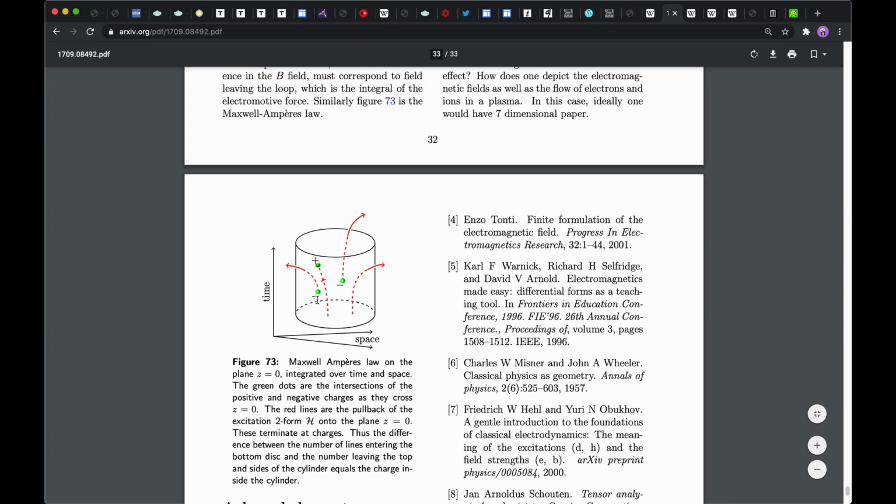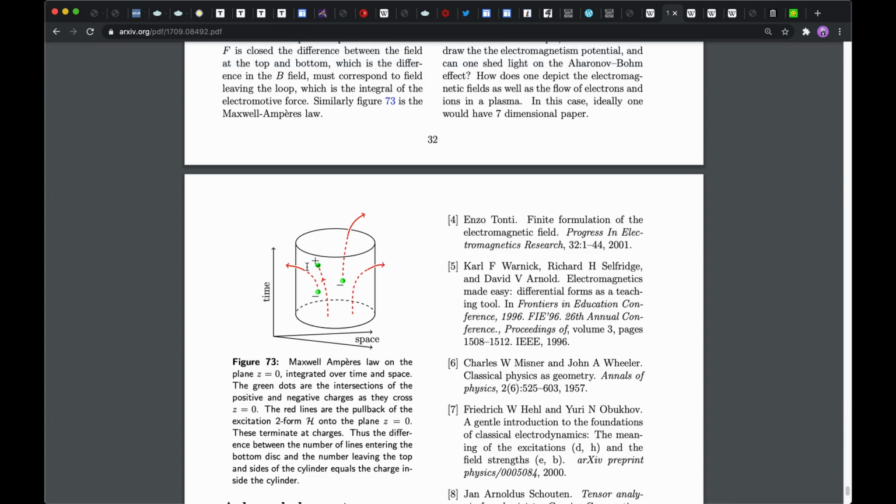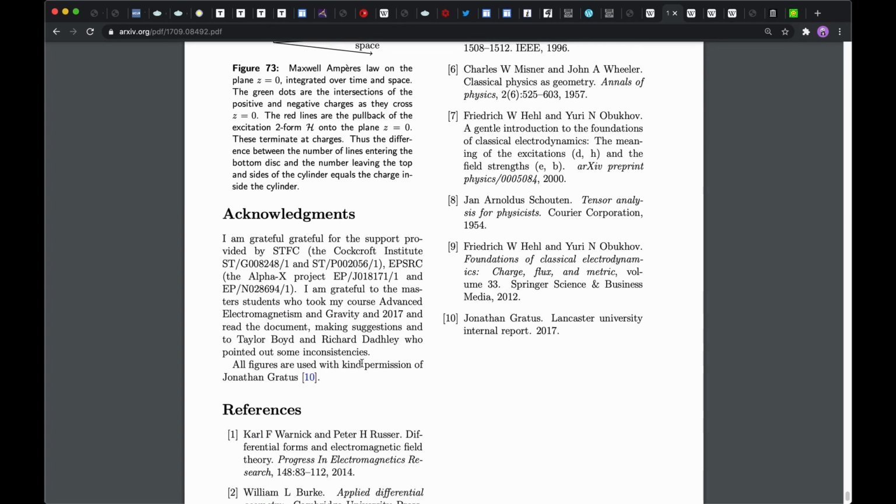Well, when you remove one space dimension, and you have the H tensor here pulled back, you obtain those red lines here, and the red lines will give you H here, the flux of the electric field, and therefore the integral of the flux of the electric field through the surface will be equal to the charge contained inside, and you will obtain the analog of the Ampere law. So I think that's all for today.